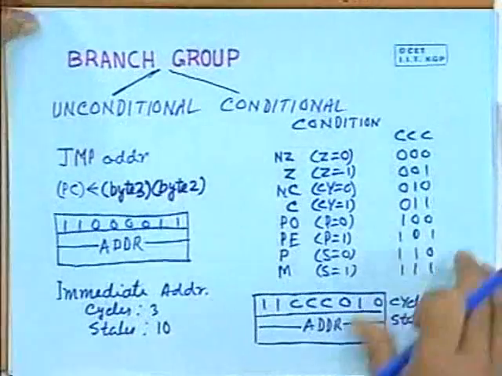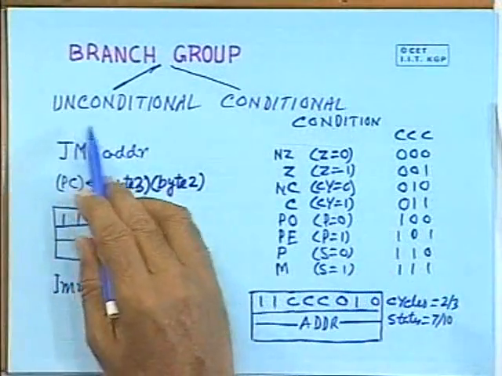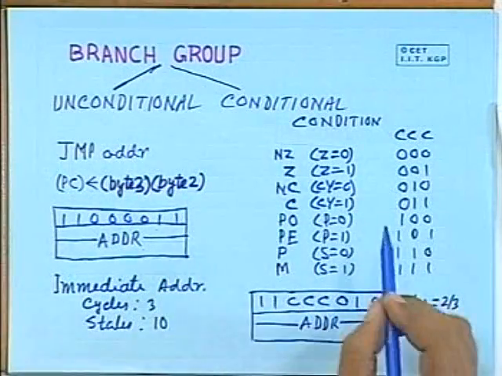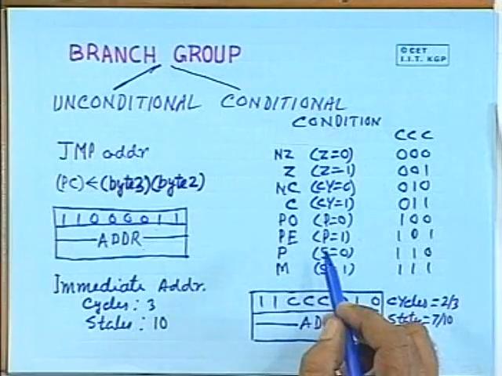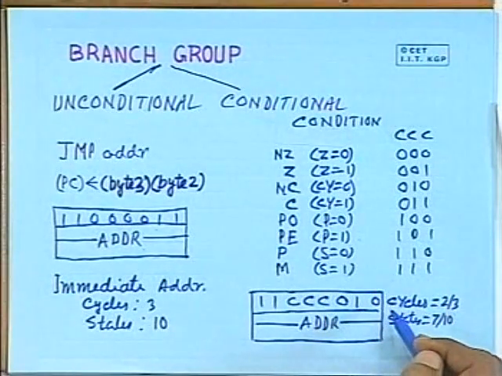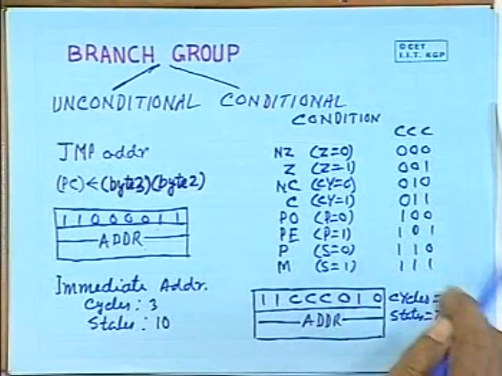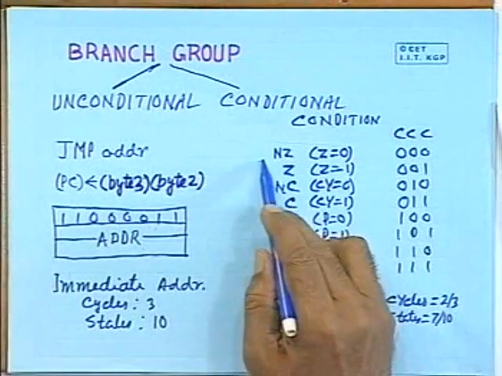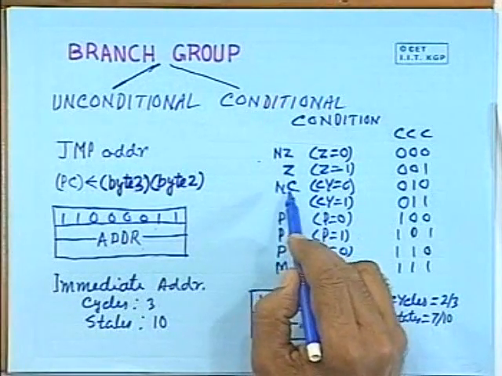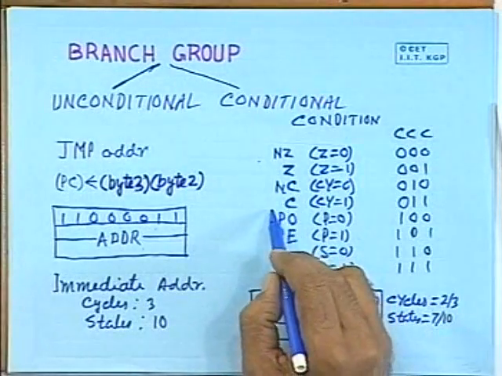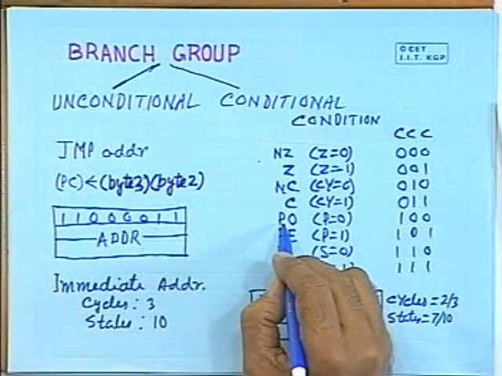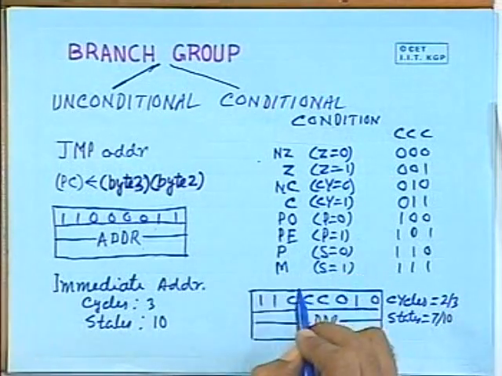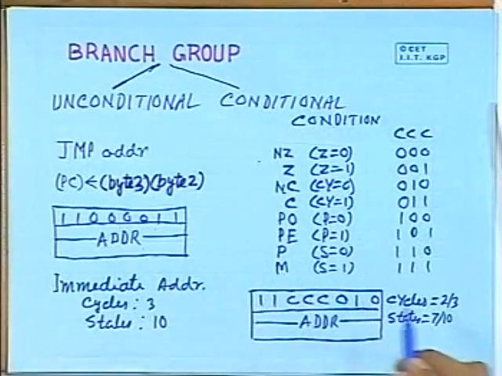We have already discussed the branch group of instructions, where we have seen there is a conditional branch instruction. It is not just one instruction. If you consider all the conditions, essentially you have got 8 different instructions: jump not 0, jump 0, jump no carry, jump carry, jump parity odd, jump parity even, jump positive, jump negative or minus.